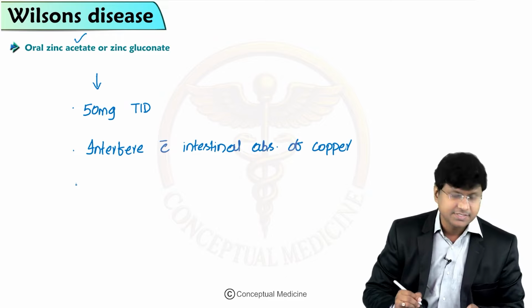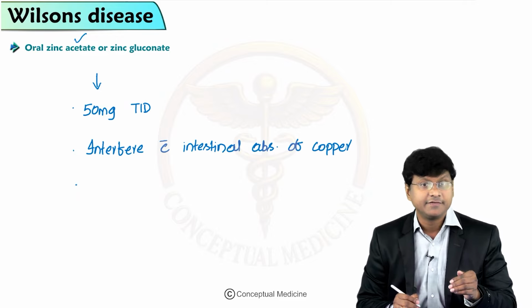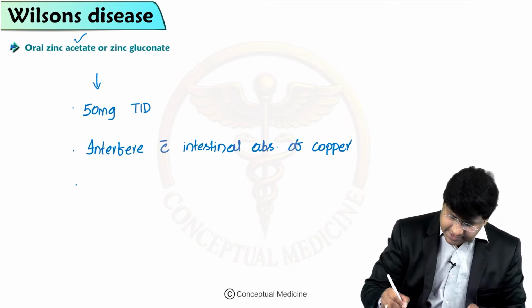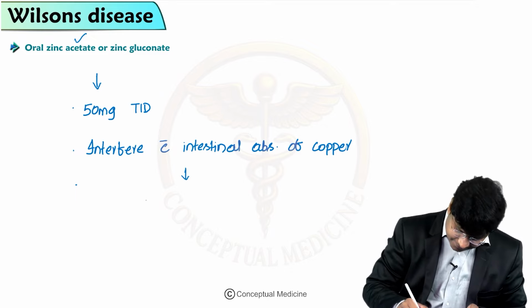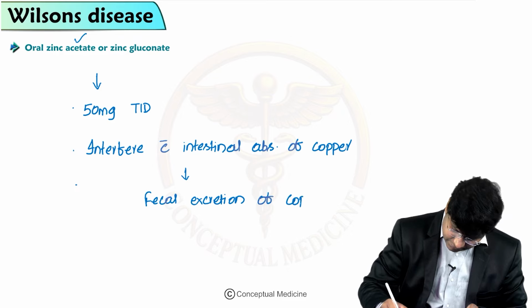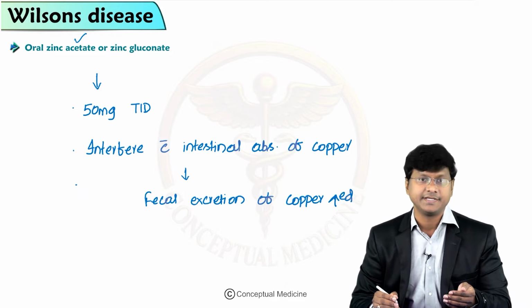Not only that, oral zinc acetate and zinc gluconate also promote fecal copper excretion. Because it interferes with the intestinal absorption of copper, the fecal excretion of copper is increased, right?